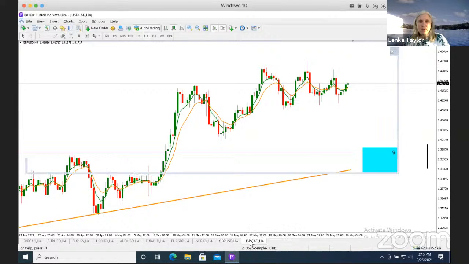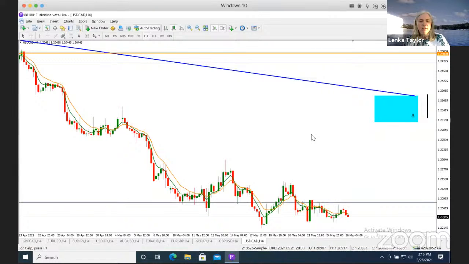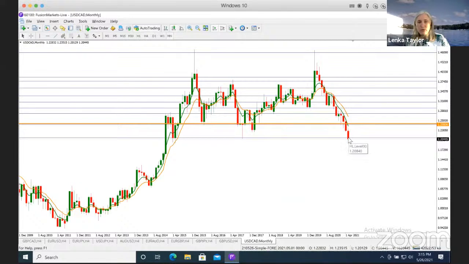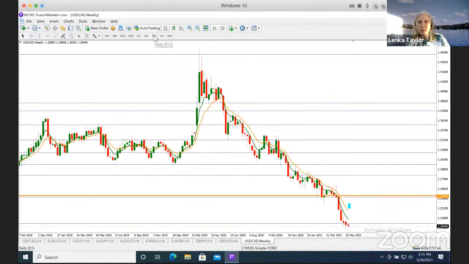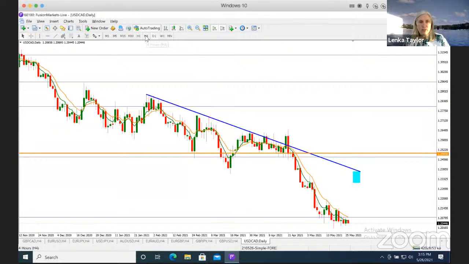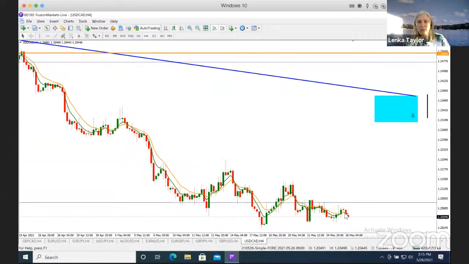And the last currency pair I'm going to have a look at is USD CAD. So this currency pair, I'm looking for a short, but I'm looking for a pullback first before jumping on. On the weekly, it's going down, daily is going down. So on the 4-hourly, I'm looking for the pullback first.